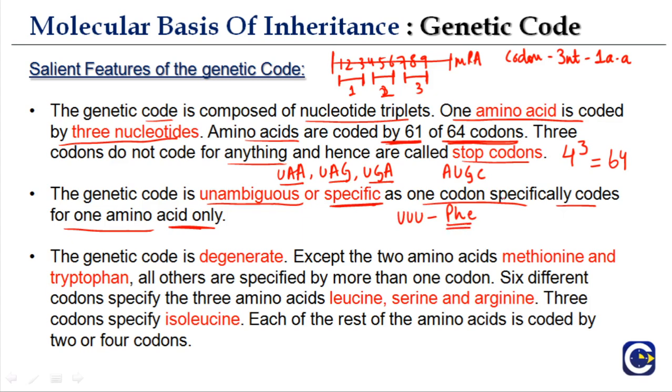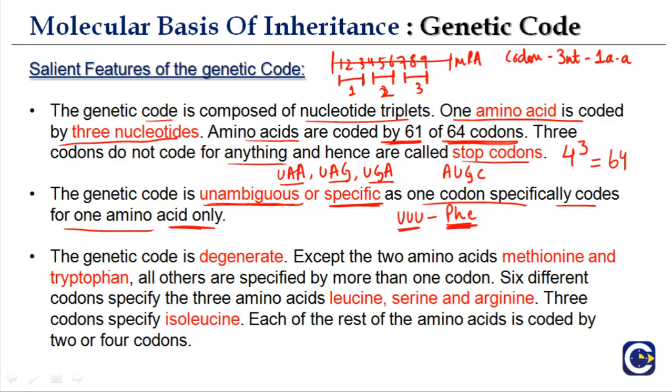This is called the unambiguous or specific nature of the genetic code. You must learn these words, for example, unambiguous. Sometimes they will write: which of the following rules are followed by the genetic code, unambiguity, specificity. So you must know what the meaning of unambiguous is. It means that one codon codes only for one amino acid.